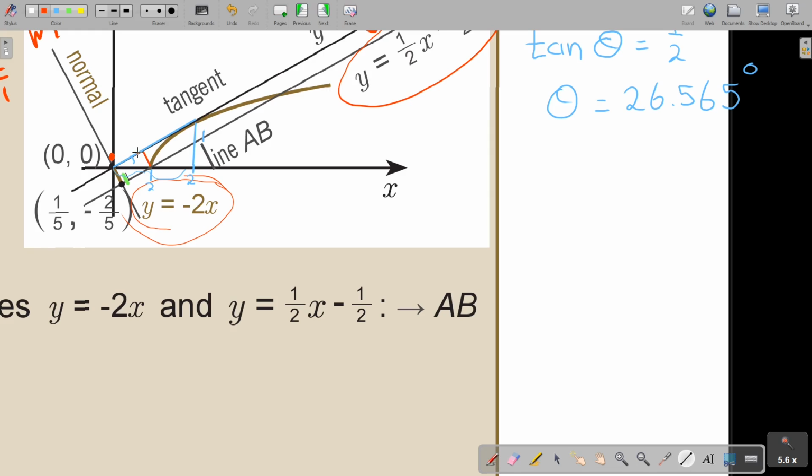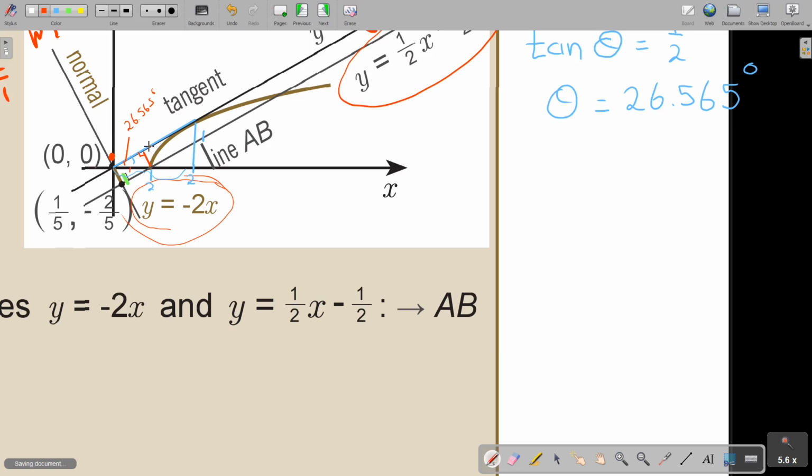There is my 90 degree. Now, don't forget, this is the 26.565 degrees, that little angle there. It's still the same for this red triangle. Now, what do I have? I have this side, and this side is 1.